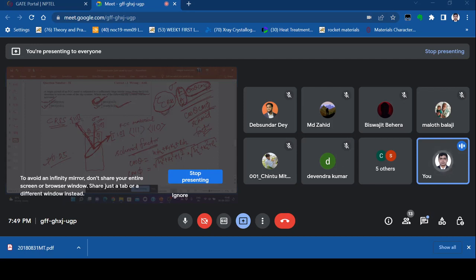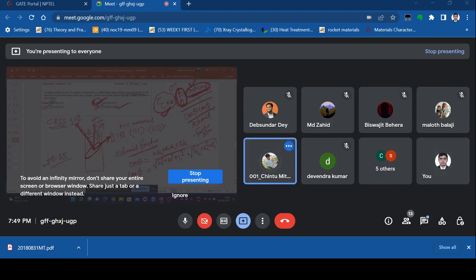So this is a constant. So if the Schmidt factor is higher, then this has to be lower. The higher this value, the lower will be this value, because this is a constant. So at a high value of Schmidt factor, we will require a small amount of stress to activate the slip system. Okay, so that's why we look at the highest Schmidt factor. So that will be the easiest plane to activate slip.